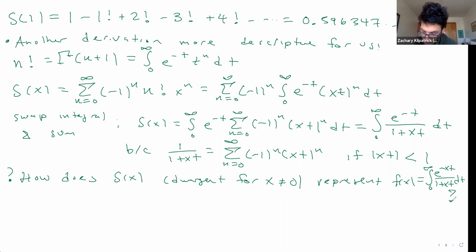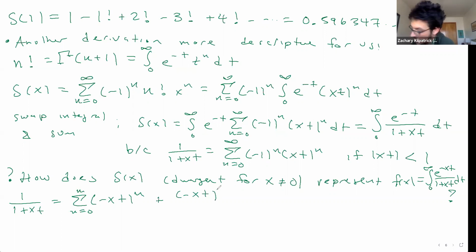In fact, if we note that 1 plus xt is equal to the sum from n equals 0, not up to infinity, but just up to m, of minus xt to the nth power, the remainder of this you can show is minus xt to the m plus 1 power divided by 1 plus xt, for m equals 0, 1, 2.